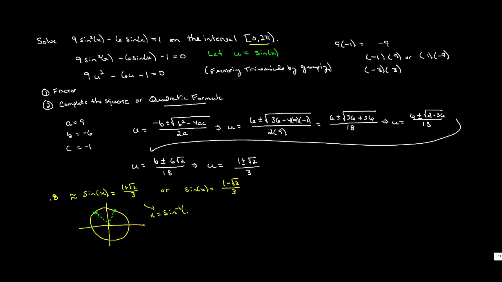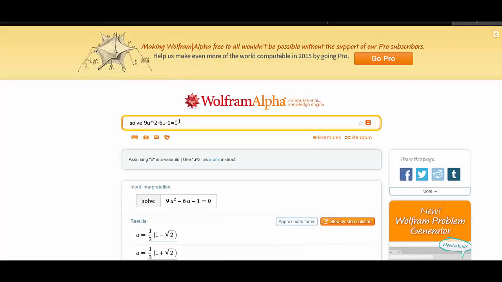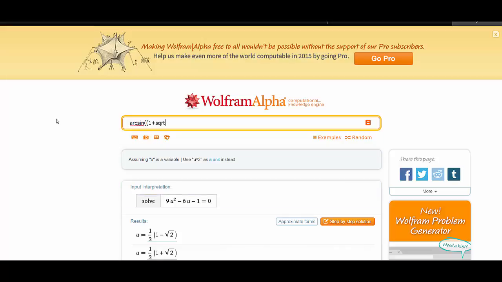So x is equal to arc sine of (1 plus the square root of 2) over 3. So I'm going to compute this. I'm going to do this using a calculator. So we'll just say, what is the arc sine of 1 plus the square root of 2, divided by 3?